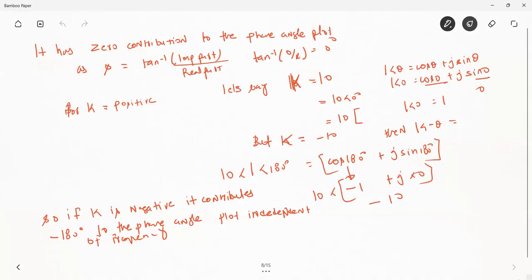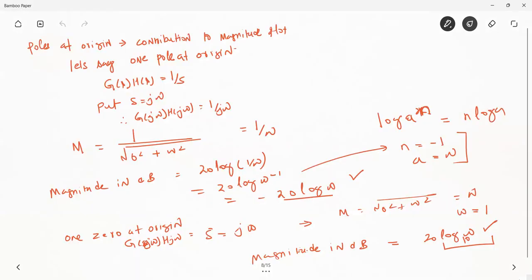Okay. So I have this, I have already written it over there. Let's say this G j omega and H j omega is equal to, let's say, 2 over j omega times 1 plus j omega by 2 and 1 plus j omega by 20. Let's say this much.